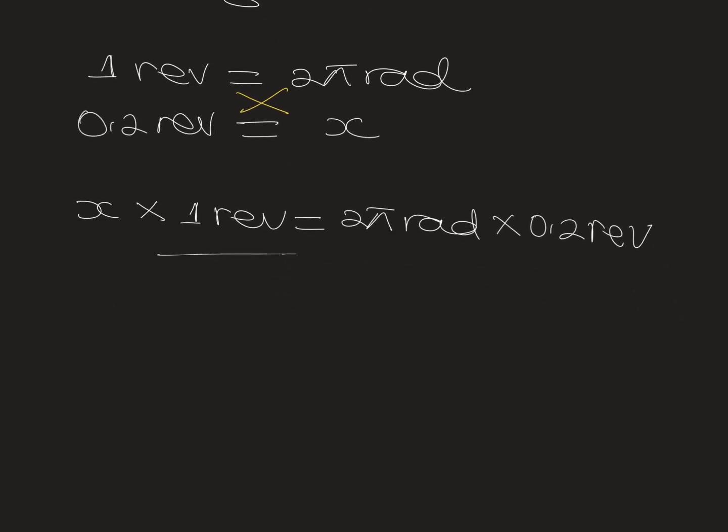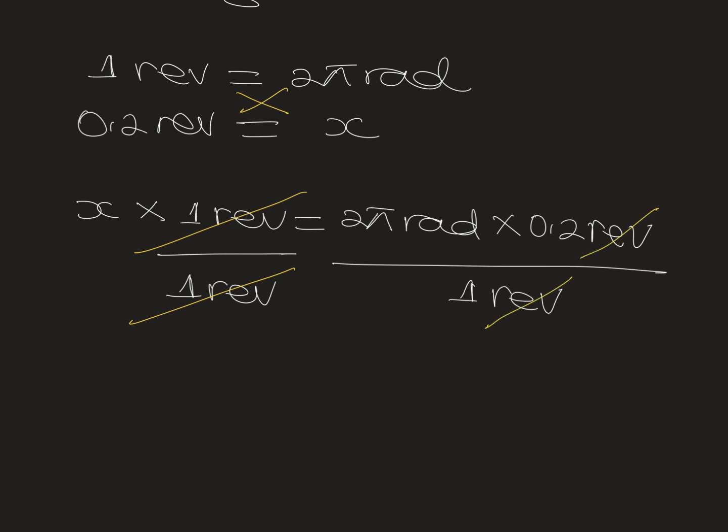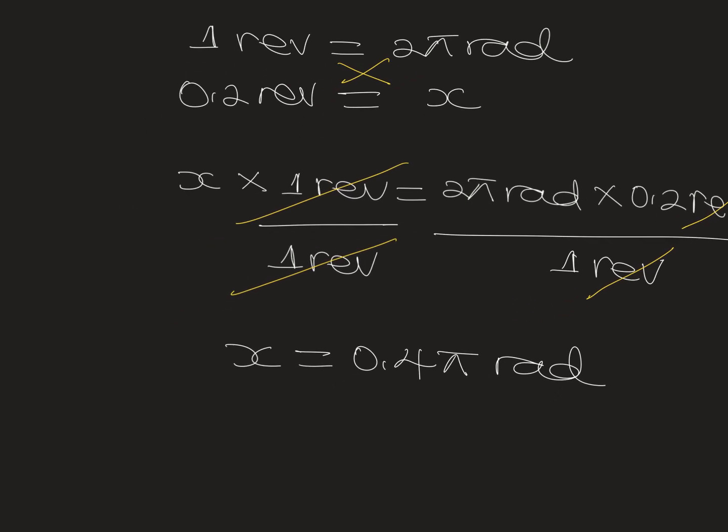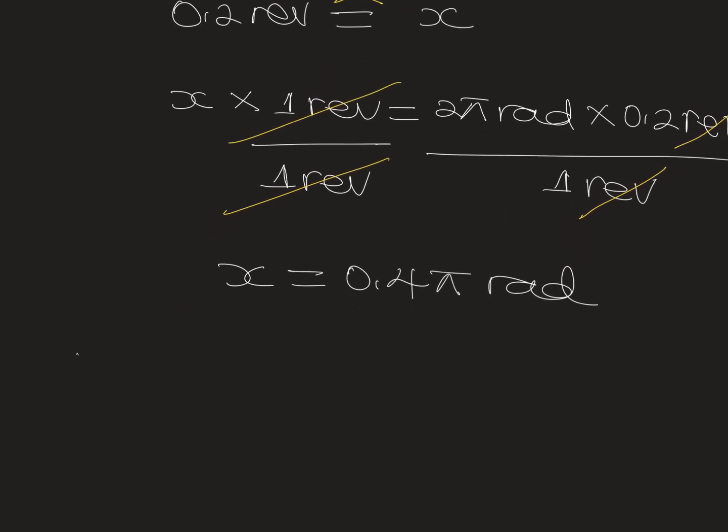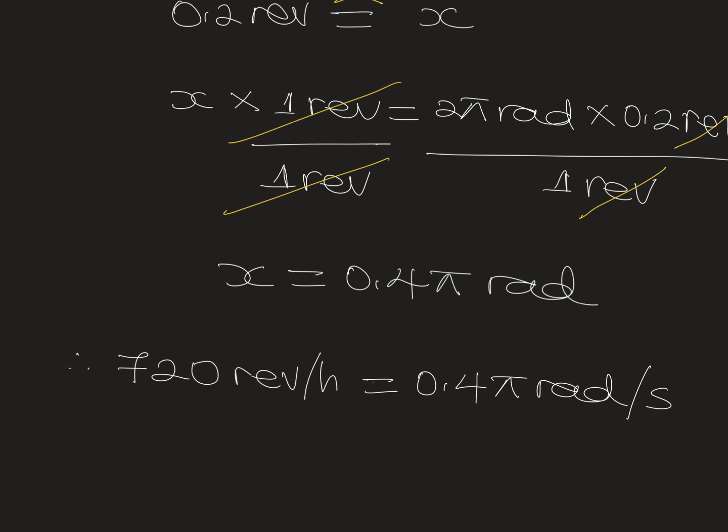To find x, we divide both sides by 1 revolution. So this will cancel this. Revolution cancels revolution. So x will be equal to 2 times 0.2, which is 0.4 pi radians. Therefore, 720 revolutions per hour is equal to 0.4 pi radians per second.